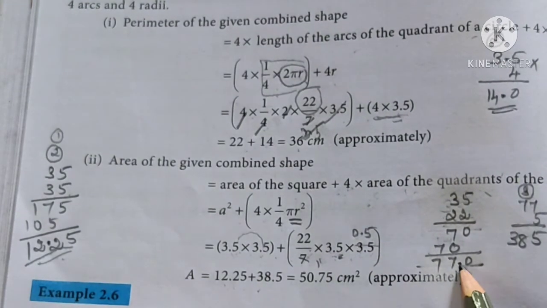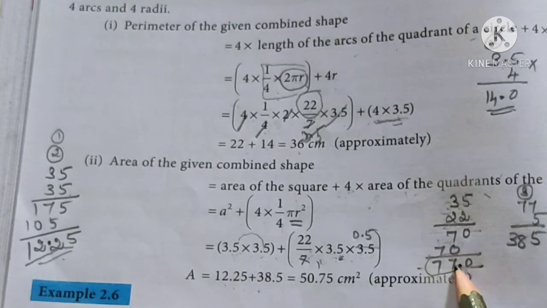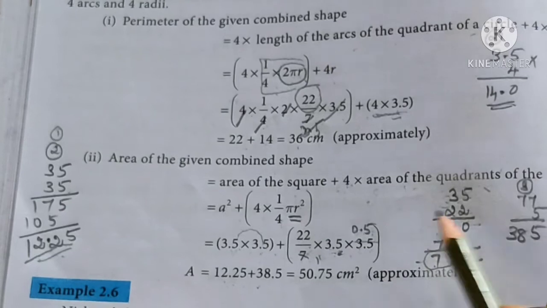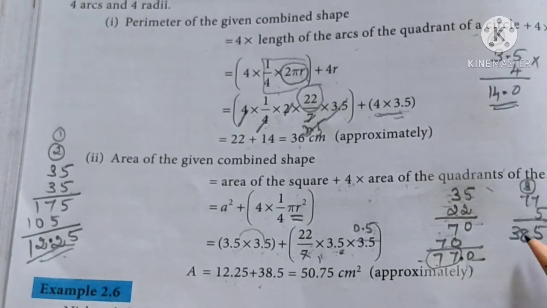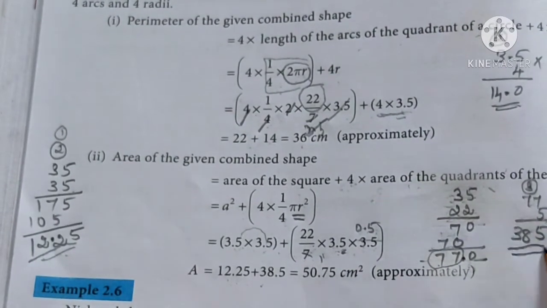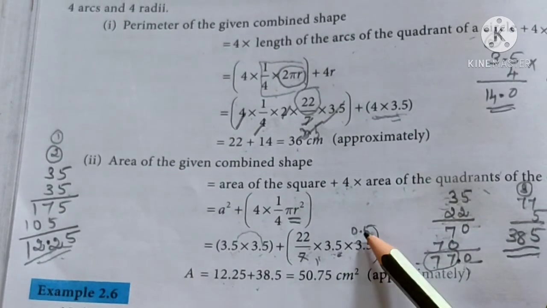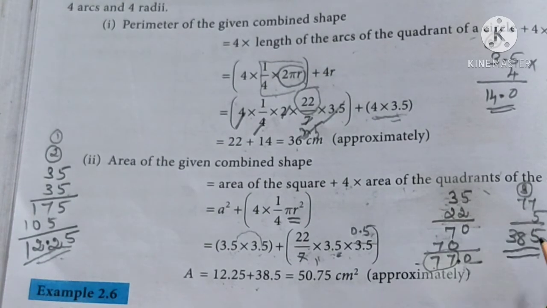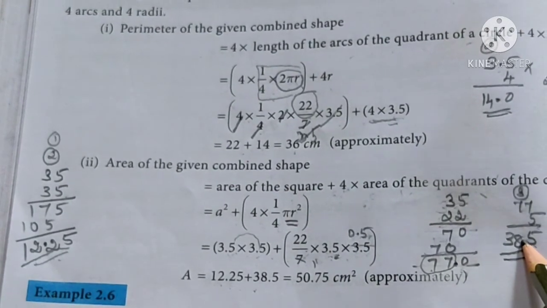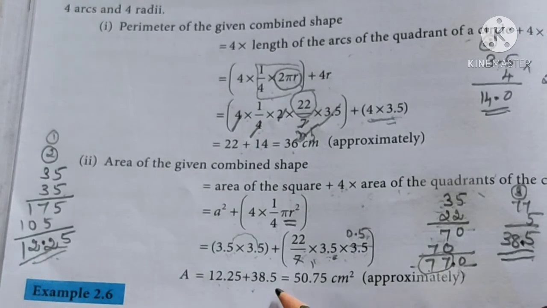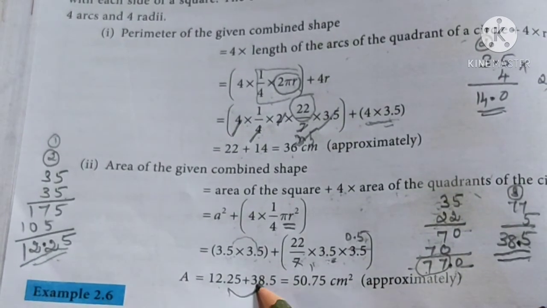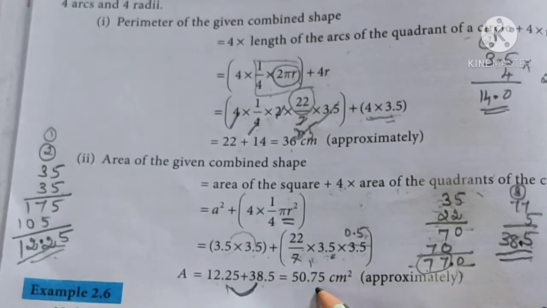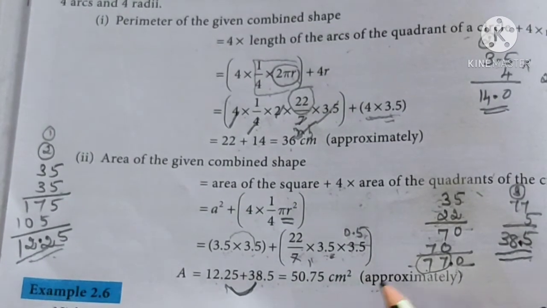So take the point before 1 digit, we get 77. Now find the product of 77 into 0.5. So multiply 77 into 5, we get 385. But this one is 0.5, so the decimal point after only 1 digit, so 38.5. Now we add these two numbers, 12.25 and 38.5. We get 50.75 centimeter square.